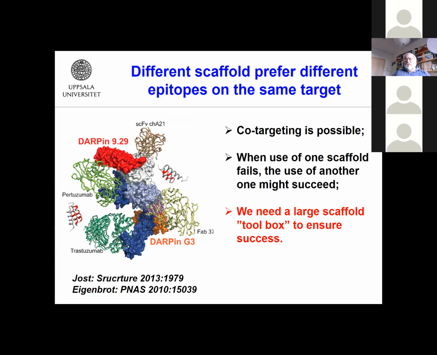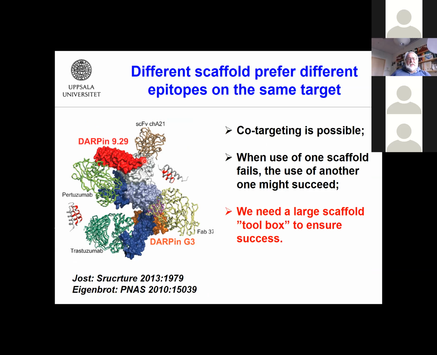You might ask, well, you are targeting HER2, you're using three different formats of scaffold: Affibody, DARPins, and that. Why? Isn't one enough? Well, if you like, it might be enough.